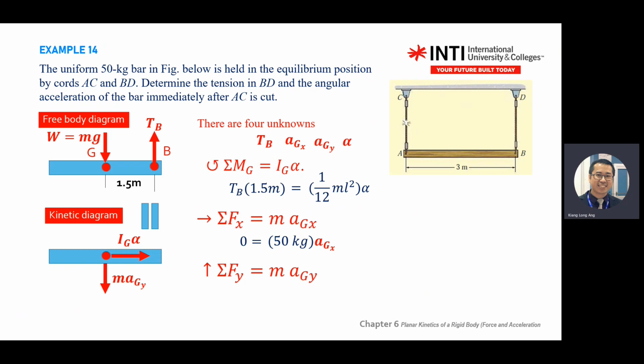M was given, AGX you need to find. Then Fy is also the same. Fy, you have two forces here, tension of cable and also the weight. Okay, then M is 50, AGY is negative. Why is there a negative here? Because it goes down and our y-axis positive goes up. Okay, so just be careful on the positive, negative direction.